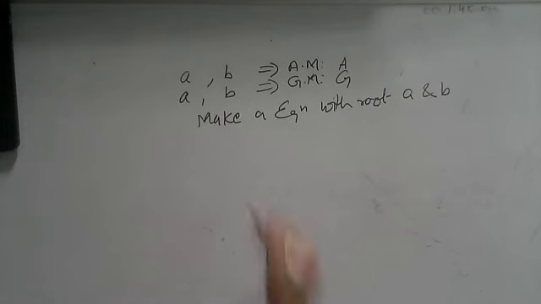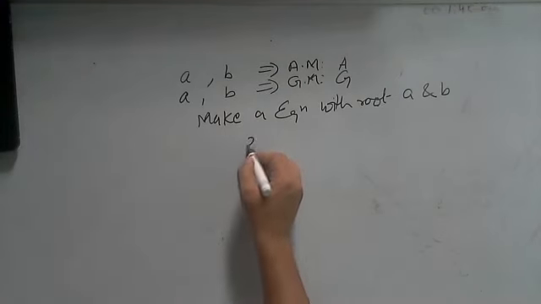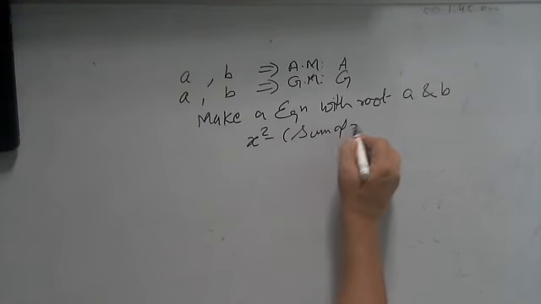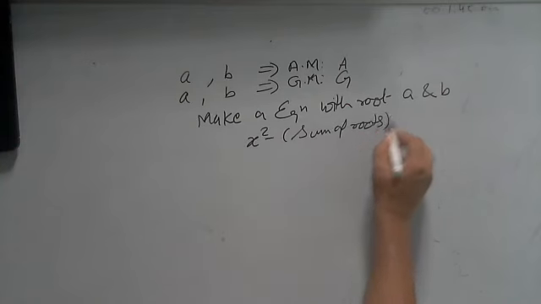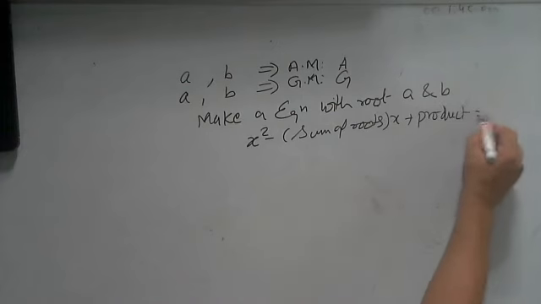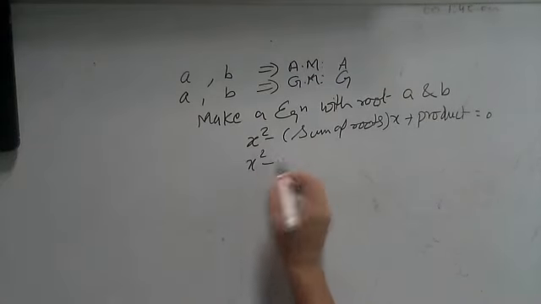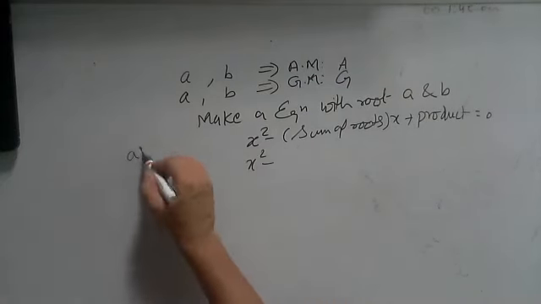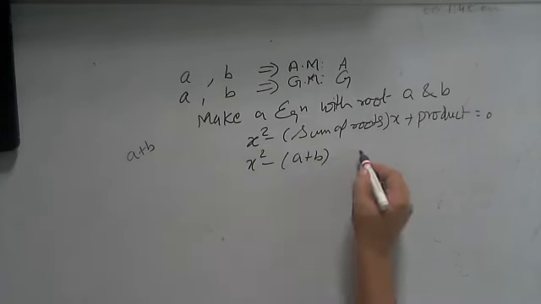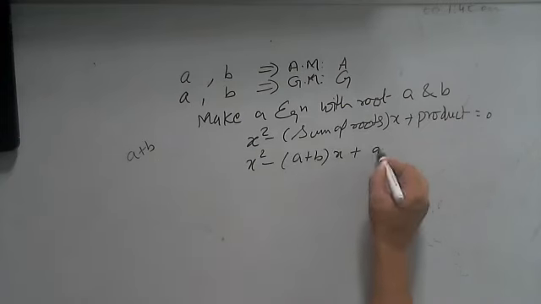So the equation whose roots are a and b, we all know, is x square minus sum of roots x plus product of roots is equal to 0. x square minus sum of roots, sum of roots means a plus b, x plus product of roots, ab, is equal to 0.